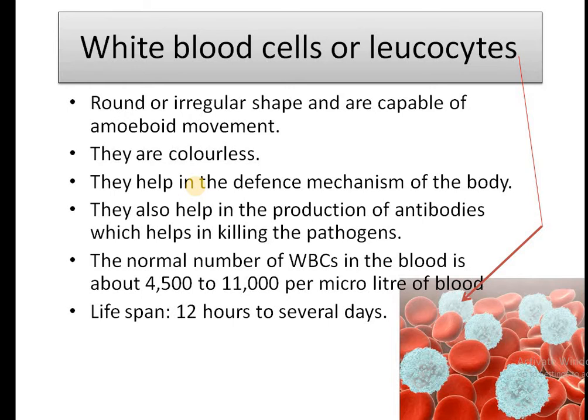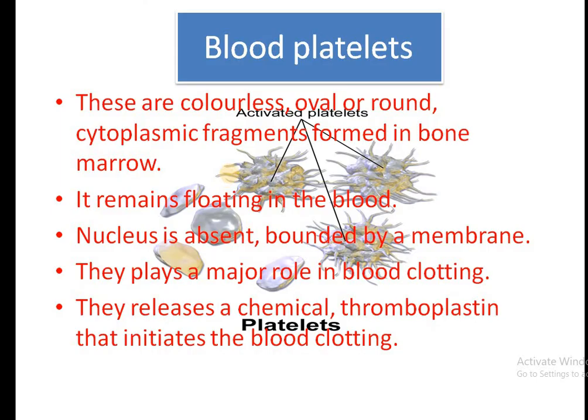They are helpful in defending the body against different kinds of diseases. The normal count of WBCs is 4,500 to 11,000 per microliter of blood. Lifespan is about 12 hours to several days. It again depends on the health condition of a person.